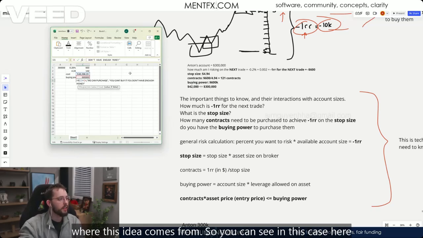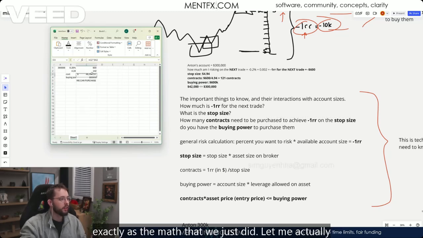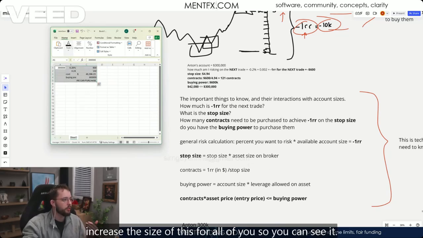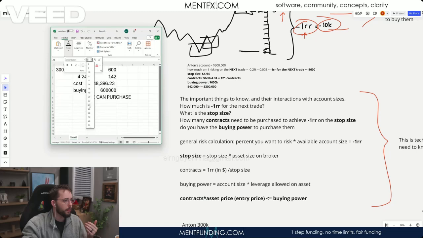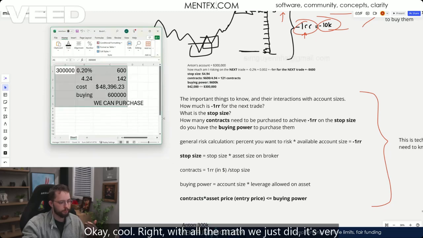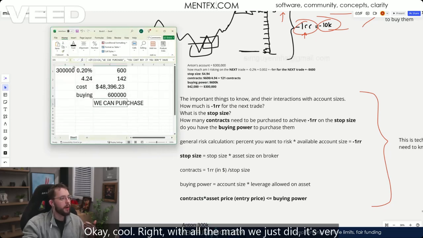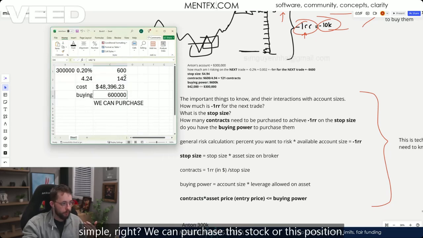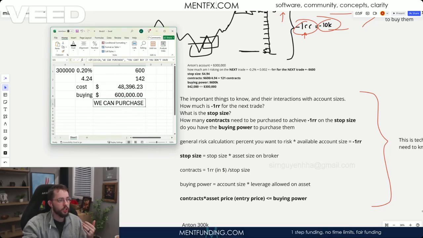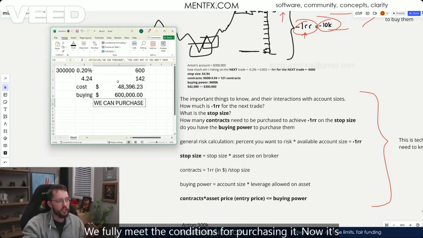That's where this idea comes from. So you can see in this case, exactly as the math that we just did, let me actually increase the size of this for all of you so you can see it. Okay, cool. With all the math we just did, it's very simple. We can purchase this stock or this position. We fully meet the conditions for purchasing it.